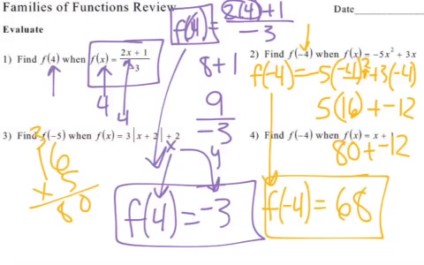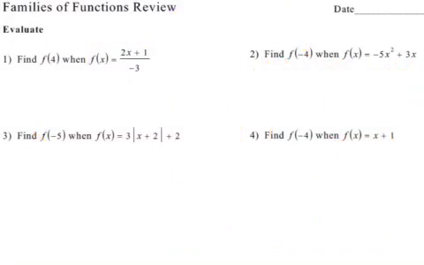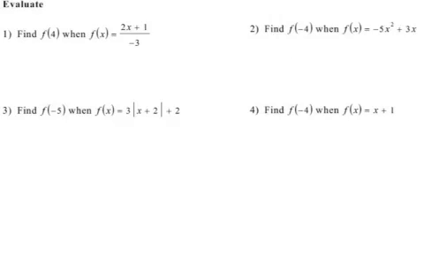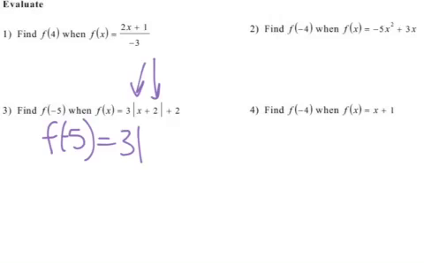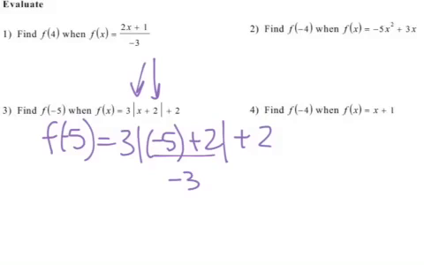I'm going to let you guys do number 4 on your own, but I'll take a look at number 3 real quick. So remember those bars right there mean absolute value. We start off by putting negative 5 into our function. Negative 5 plus 2 is negative 3.